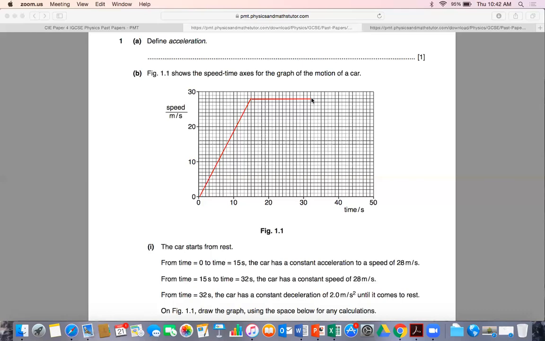So from 28 meter per second, it's becoming 0 meter per second. My deceleration is 2. So based on the formula, acceleration is change in velocity over time. So my change in velocity is 28 to 0. That means my change in velocity is 28. Now I want to calculate my time. My deceleration is 2. So 2 equals 28 divide time. So my time will be 28 divide 2.